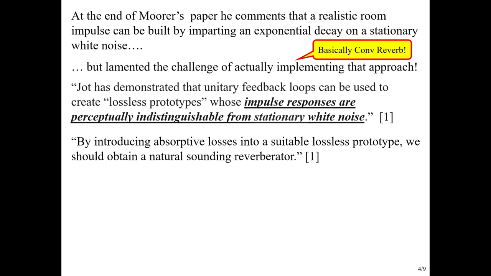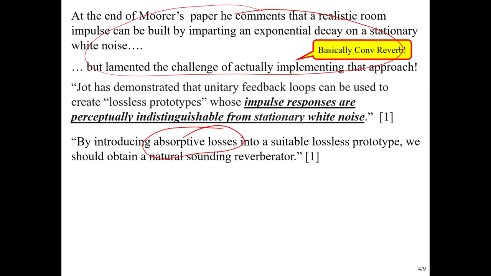They started realizing that this connected back to reverb. So they weren't really interested in reverb, but it was an interesting application of some of the more abstract theory they were developing. And so they started looking at putting losses in to model the absorption of walls.